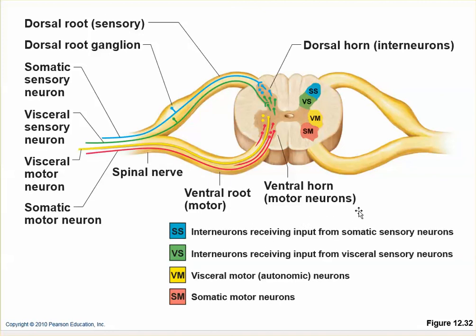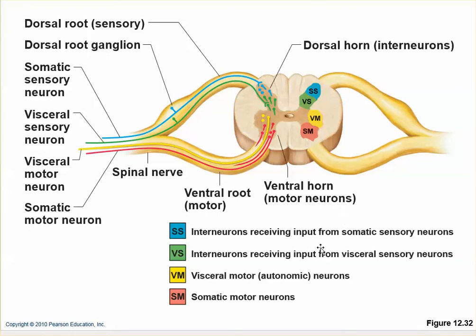Now, the interneurons are these little neurons in here that join the two. If it's a reflex, they will join the two. The interneurons will cross over or go out to the white matter, which carries signals up to the brain or down from the brain.